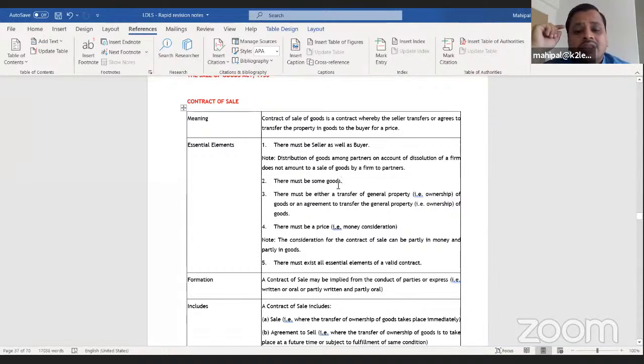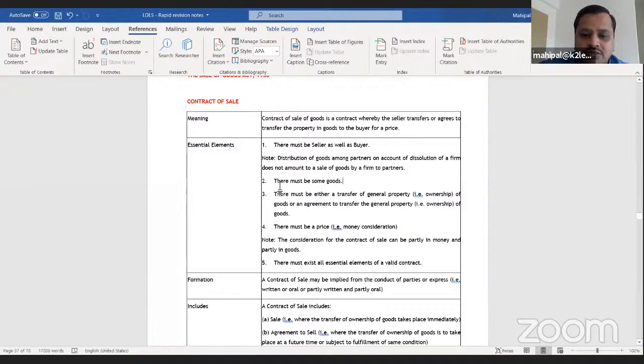Number three, there might be either transfer of ownership immediately in case of sale or on a future date in case of agreement to sell. And number four, there must be some price as a consideration. The consideration for contract can be partially in money and partially in goods. There must be all essential elements of a valid contract.